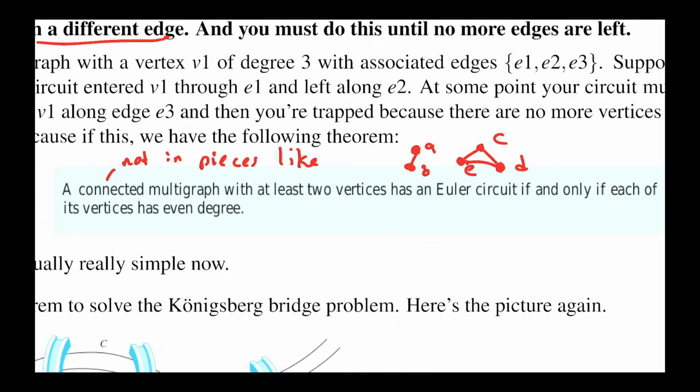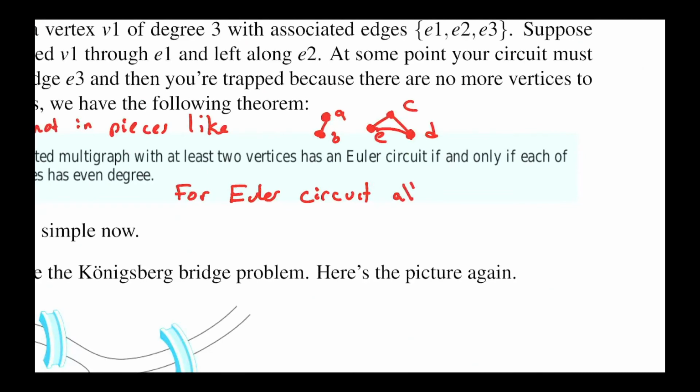So for a circuit, all degrees must be even.